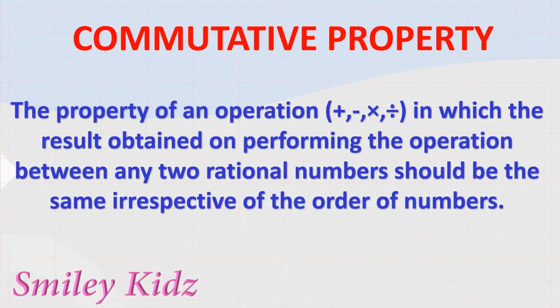What is commutative property? The property of an operation, that is addition, subtraction, multiplication or division, in which the result obtained on performing the operation between any two rational numbers should be the same, irrespective of the order of the numbers.